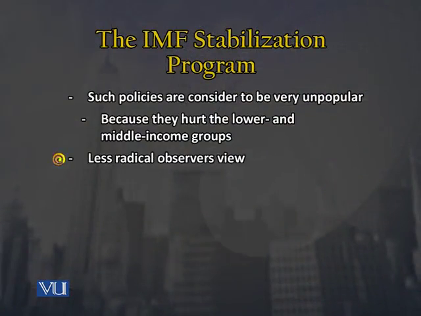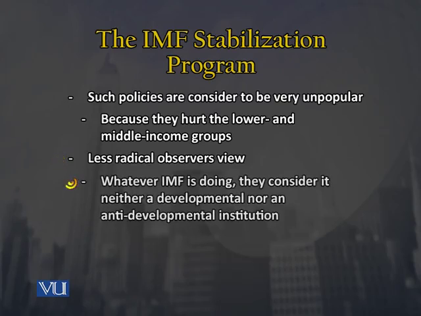Another opinion is that of the less radical observers. When we look at the various strategies implemented and followed by IMF, the radical observers believe that whatever IMF has been doing over the last so many years is not developmental or anti-developmental.